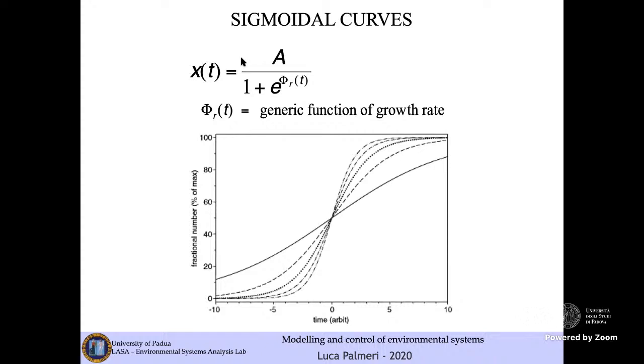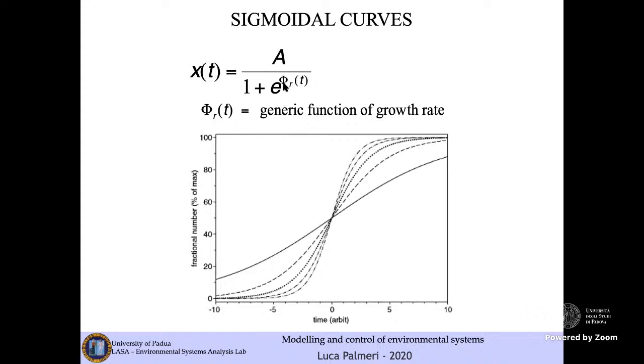So a very general solution has this kind of shape, in which there is a coefficient A divided by this function, in which there is an exponential of a generic function of the growth rate.